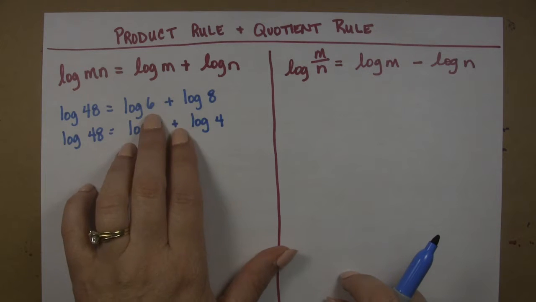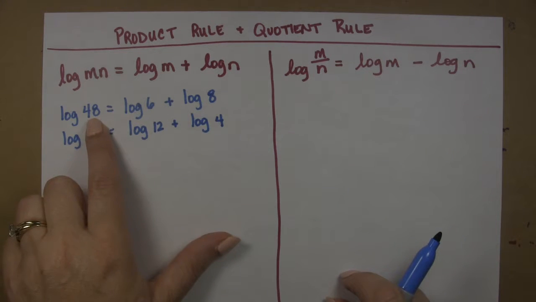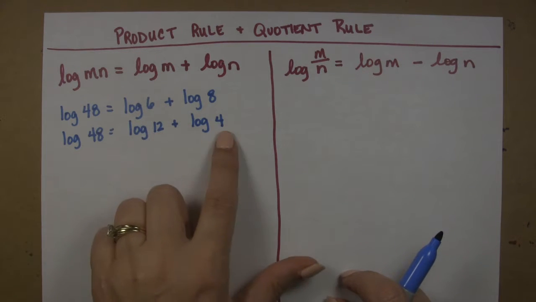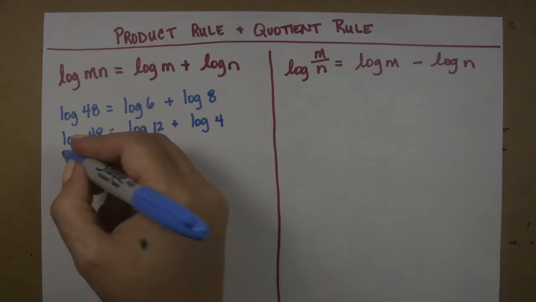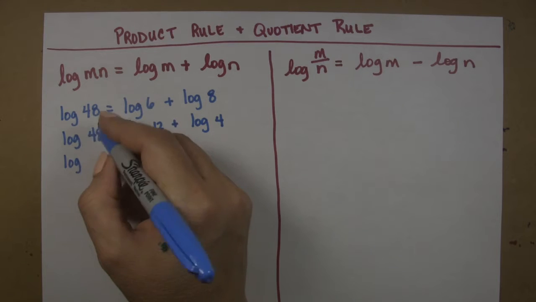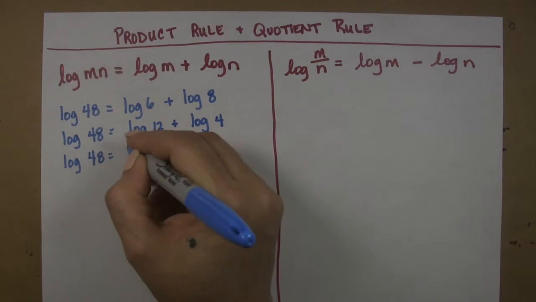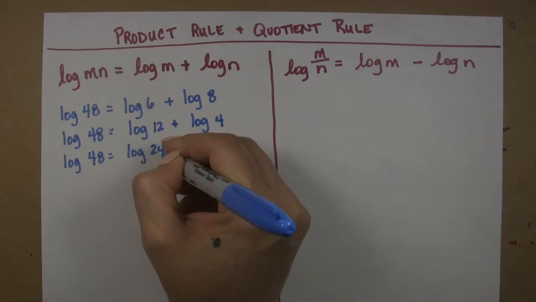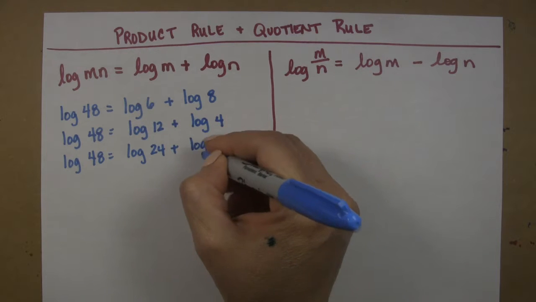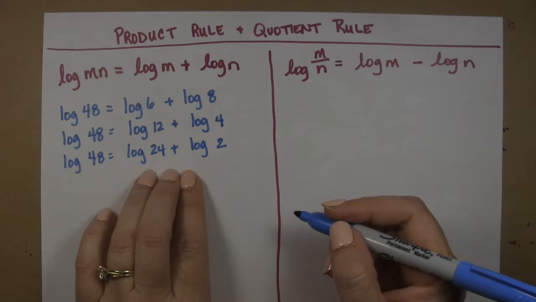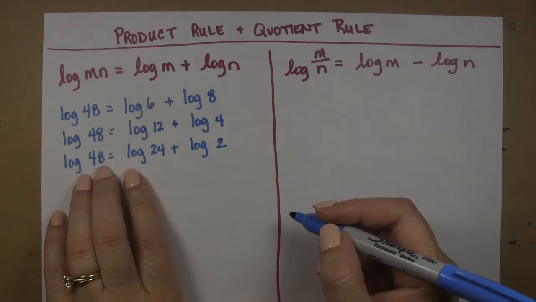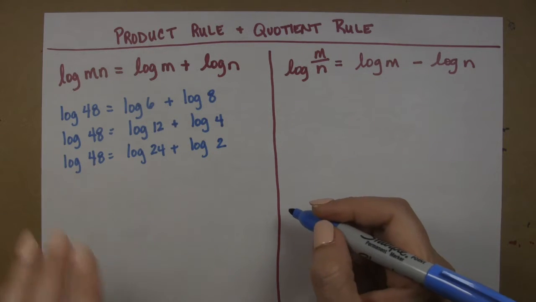Why? Well, because 6 times 8 is 48, and 12 times 4 is also 48. Heck, if you wanted to, you could break it down into the log of 24 and the log of 2. You would just have to remember to take those two logs and then add them together. But that is how you could calculate the log of 48.